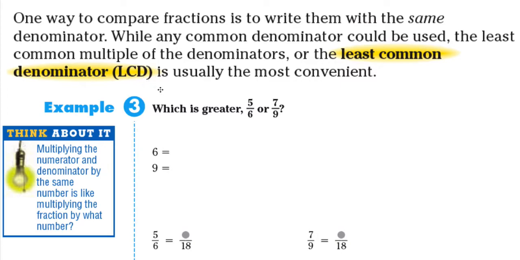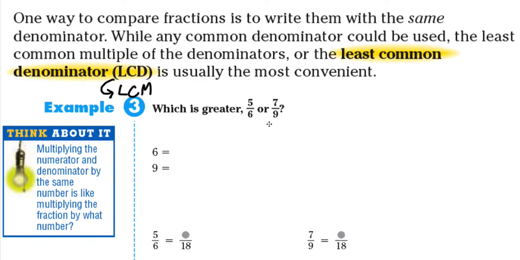And if you notice, the LCD is the same as the LCM. So the LCD is just trying to find the least common multiple of your denominators. Okay, so let's find out example 3 and how to compare fractions.